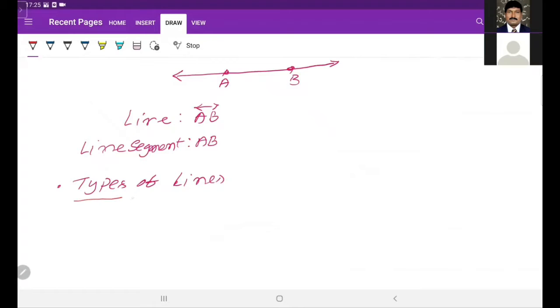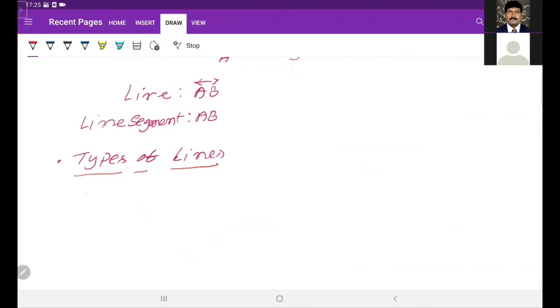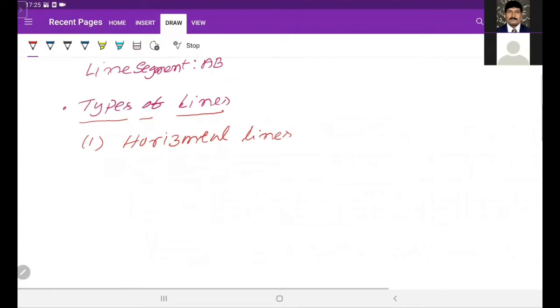First one it is horizontal lines. Horizontal lines. Okay.